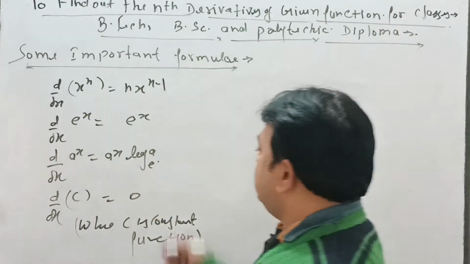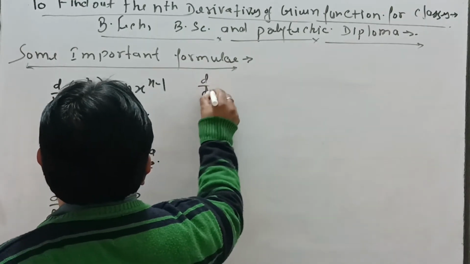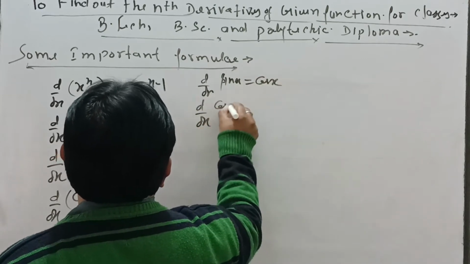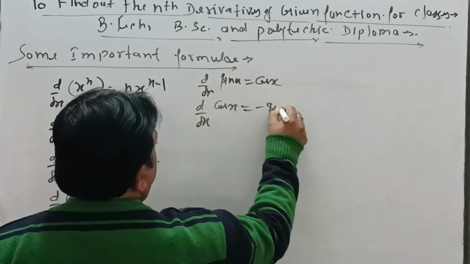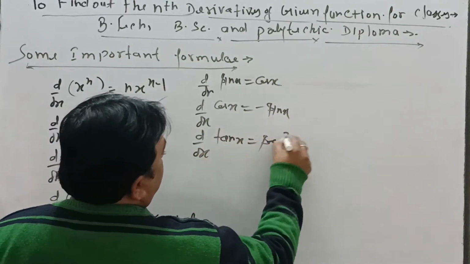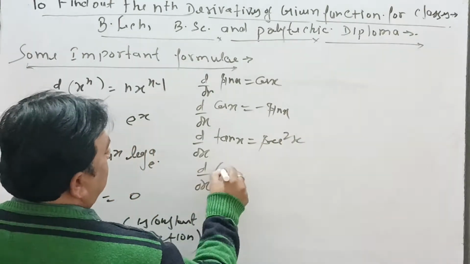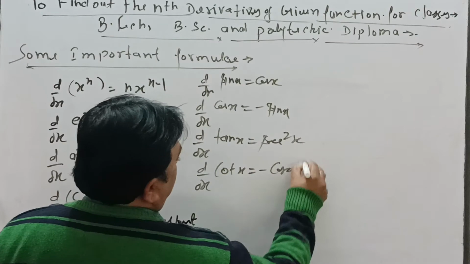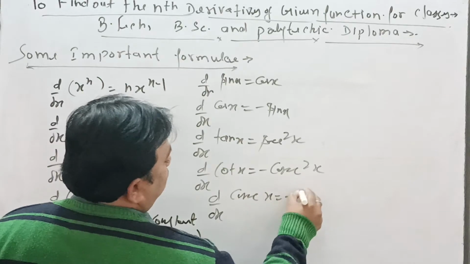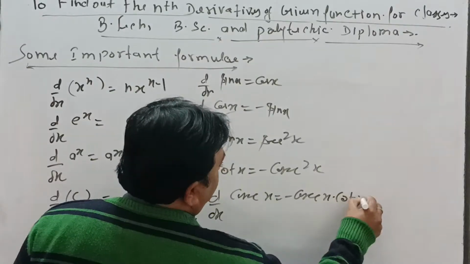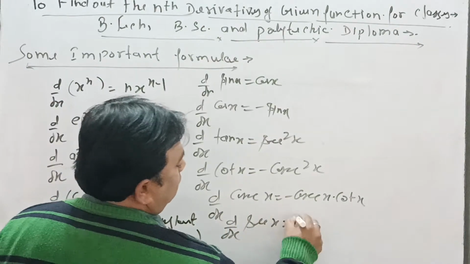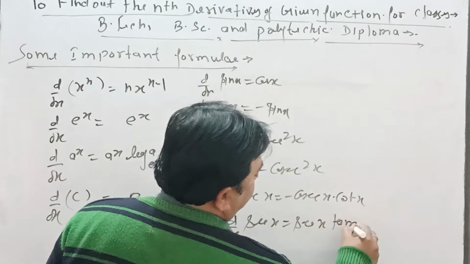The derivative of a constant function is equal to 0. So d over dx sin x equals cos x, d over dx cos x equals minus sin x, d over dx tan x equals sec square x, d over dx cot x equals minus cosec square x, d over dx cosec x equals minus cosec x cot x, and d over dx sec x equals sec x tan x.